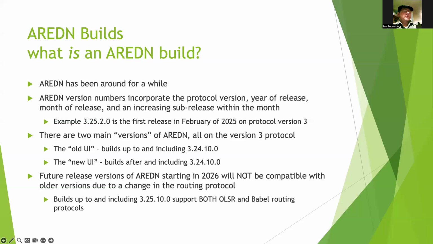The October build actually contained both versions, and there was a little button on the screen that you could click to go back to the old UI or go to the new UI. So you could do everything with either UI, but you could pick which one you wanted to use. Future versions from 3.24.10 up to now only contained the new UI. And the reasons for going to the new UI were multifold. They wanted it to be more modern.